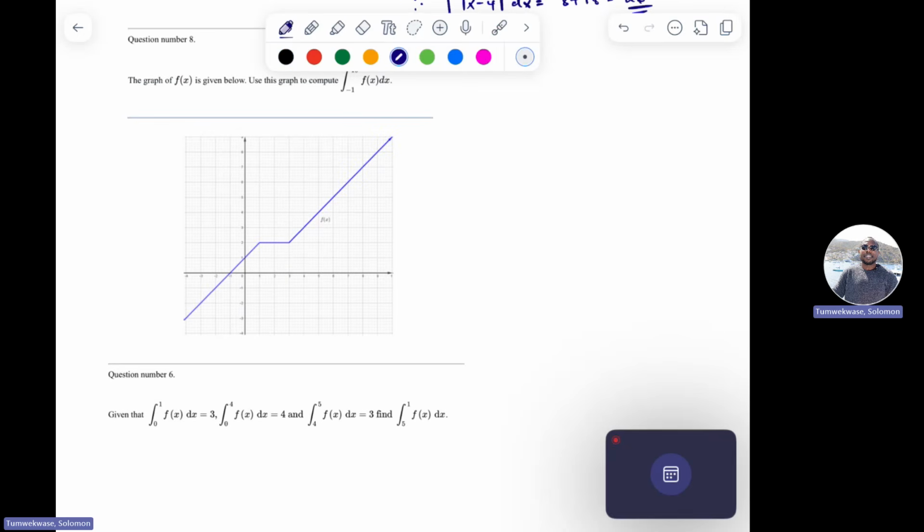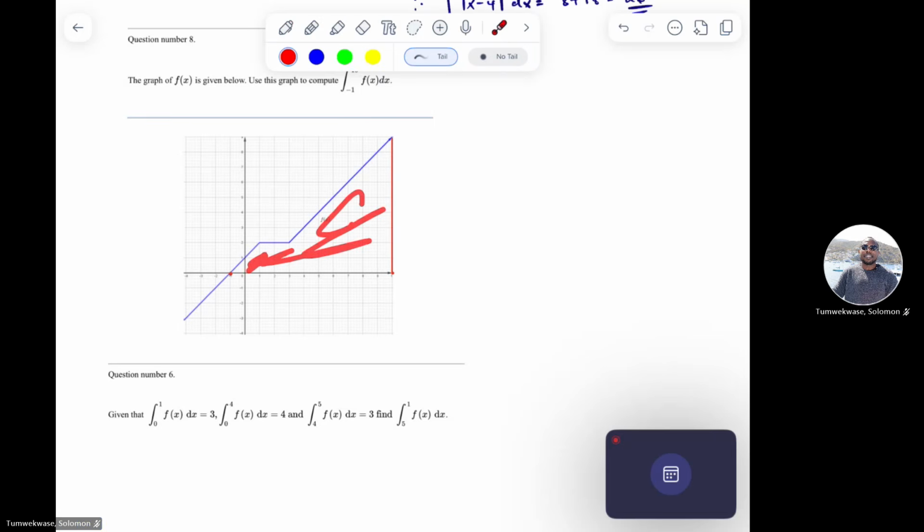If I look for those values on my graph, then -1, we are interested in moving from this point here to 10, and 10 is right there. So we are interested in the area under the whole of this graph.